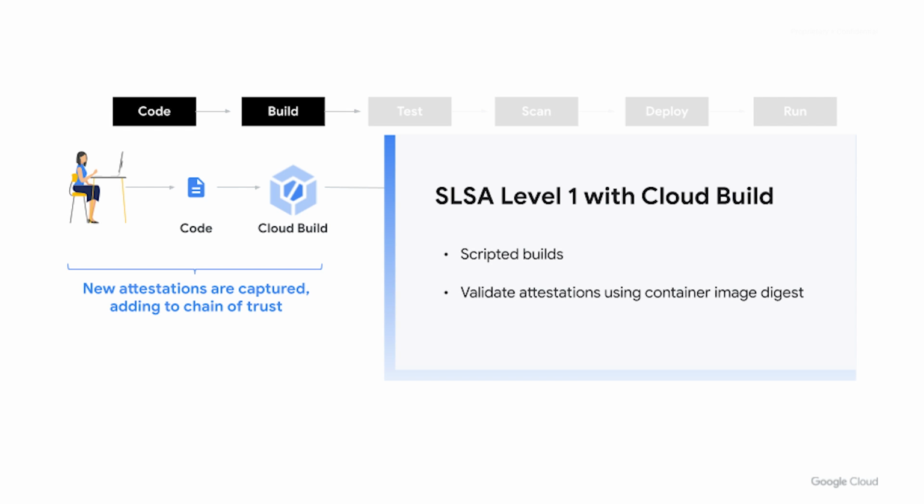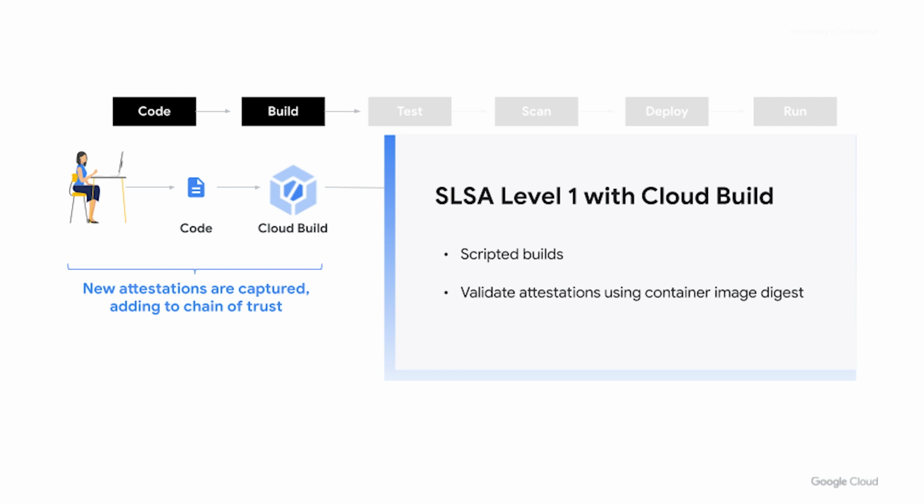Recall that SALSA is a standard that denotes the level of security of your software supply chain. Cloud Build captures the source of the build configuration, and this can be used to validate that your build was scripted. Scripted builds are more secure than manual builds and are a requirement for SALSA Level 1 achievement.